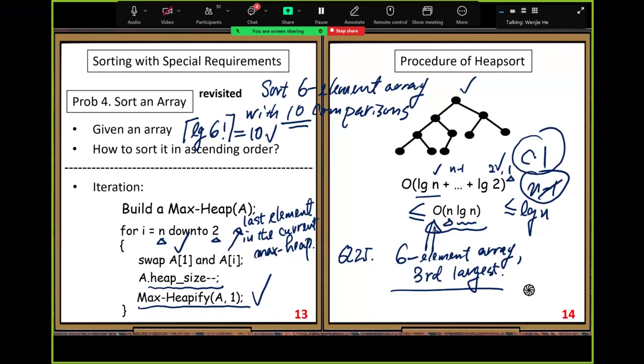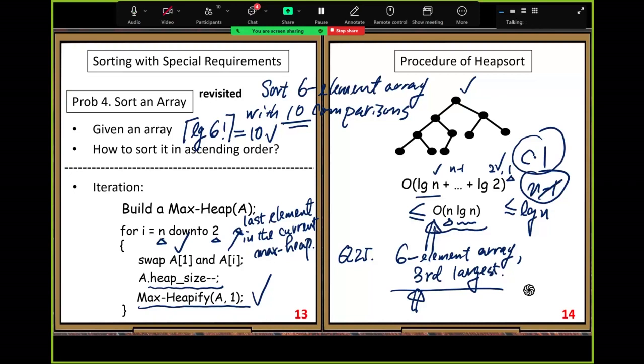Based on this question, because with 10 comparisons we can already sort a 6-element array, that means we can get the third largest element after we sort it, right? So there is a 10 comparison solution by sorting.